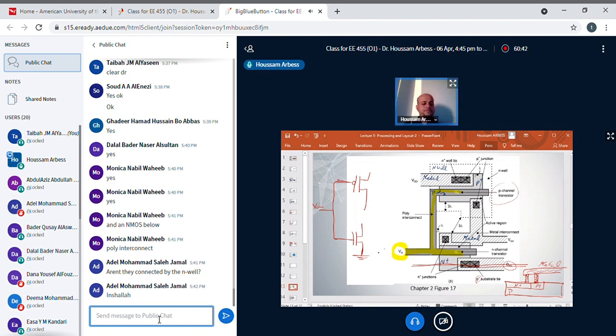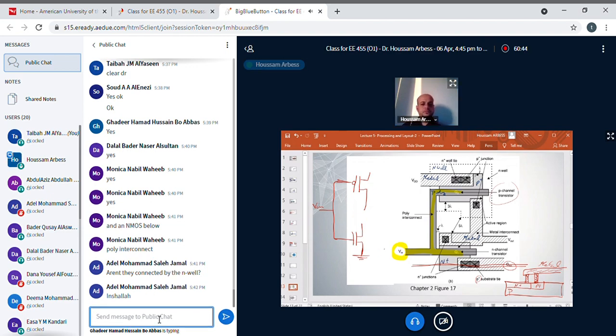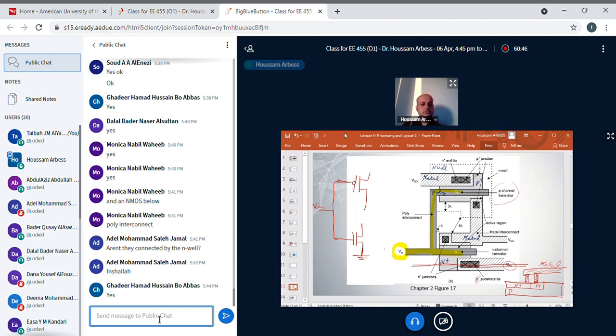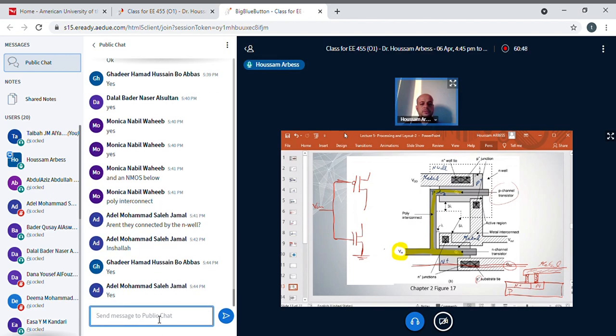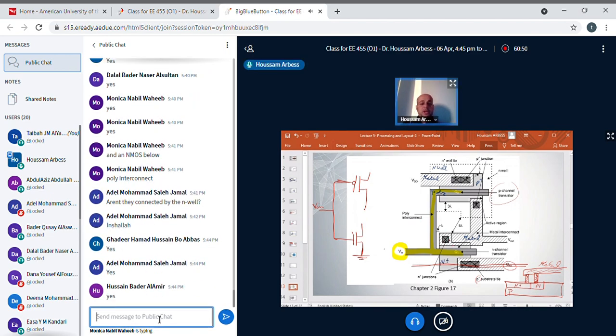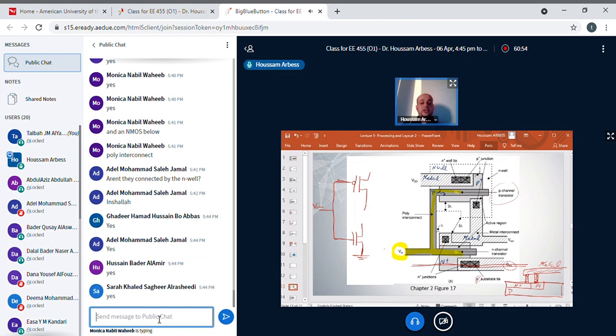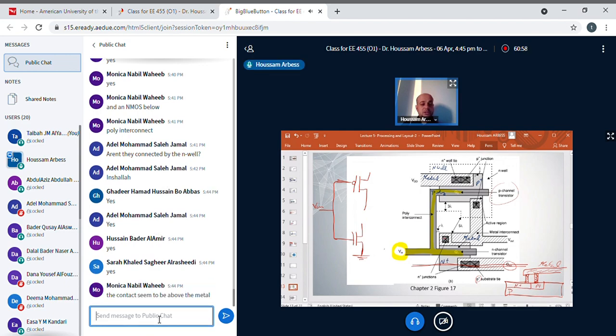Did you see this point? Good. So I can see that the metal is connected to this terminal, and it's also connected to this terminal of the PMOS. That is, this terminal is connected to this terminal.